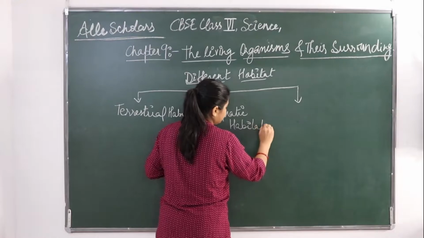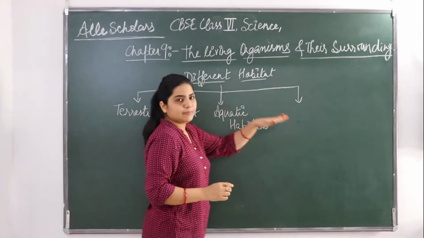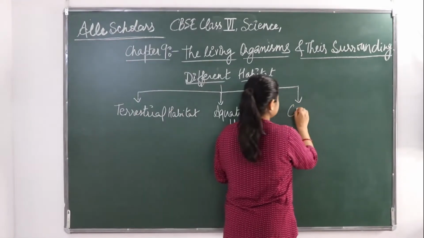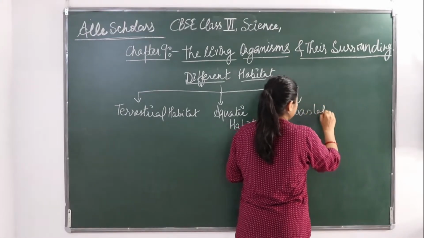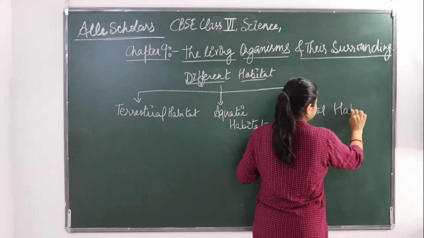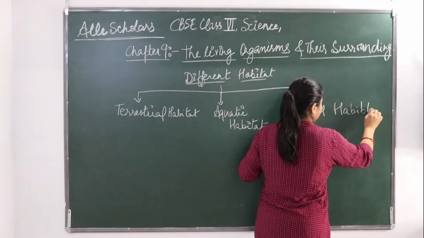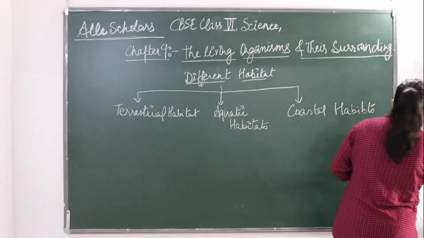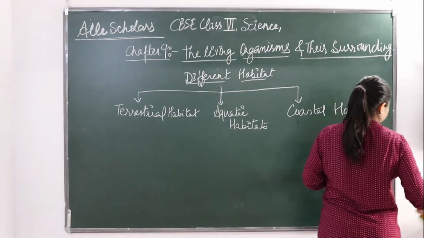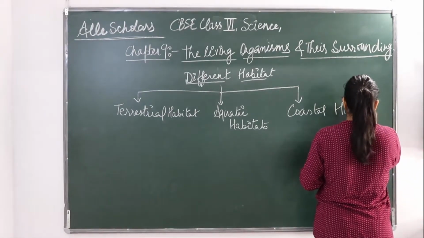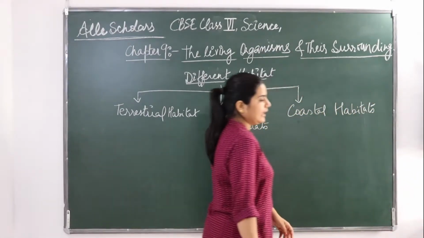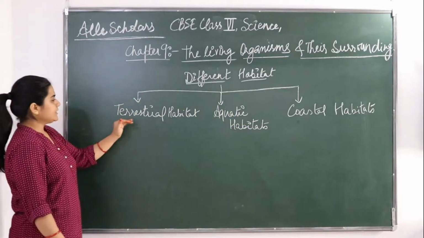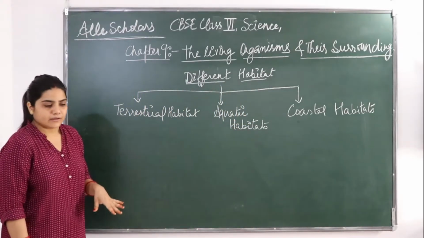And the third type of habitat is the coastal habitat. So what is terrestrial habitat?